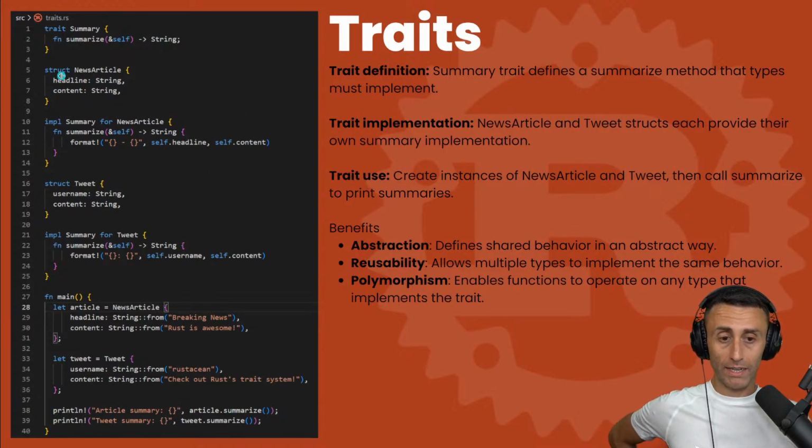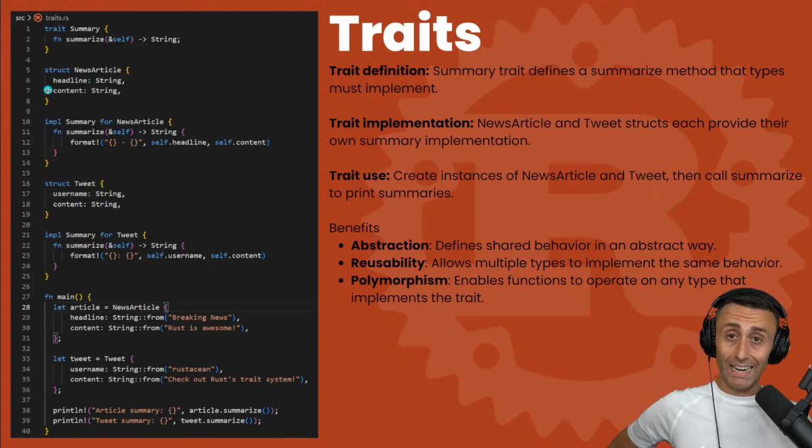For example, for news articles, we have headline and content. For a tweet, we have username and content. Probably now this should be called post or X. But we want here to implement the trait in the method of the struct here.